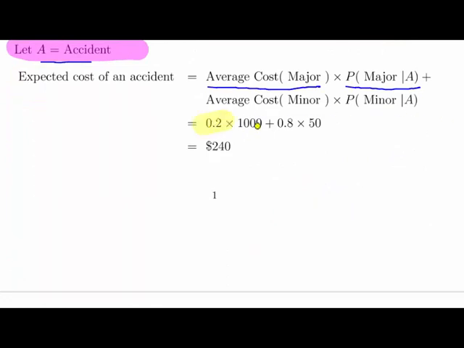So that's where this 20% comes from, and this 80%. So the cost of each: 20% of accidents are major, 80% are minor. So essentially, you could just work it out there. It should work out to be $240 is the average cost of the accident.